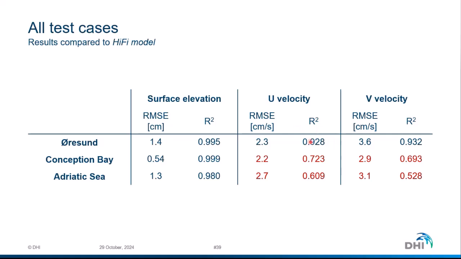So if we look at the R squared, for example, we're at 0.7, 0.6, and we want this to be very close to 1. So once again, it's the trade-off. If it's important for us with the current velocities, then we should probably choose a different regression model. This is sort of a discussion point with this method.